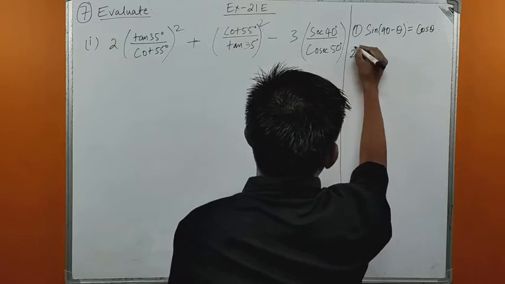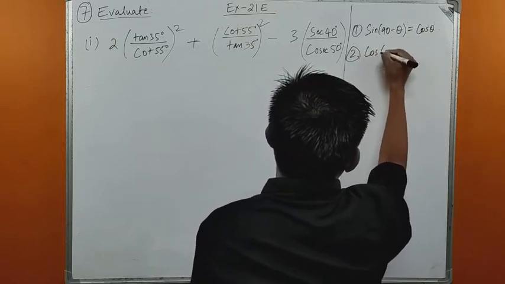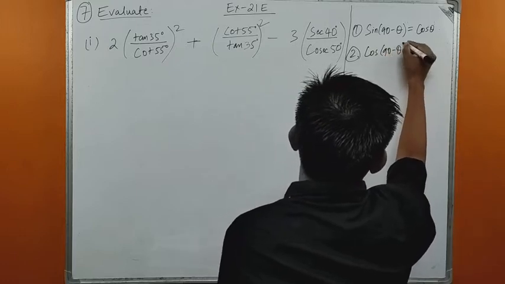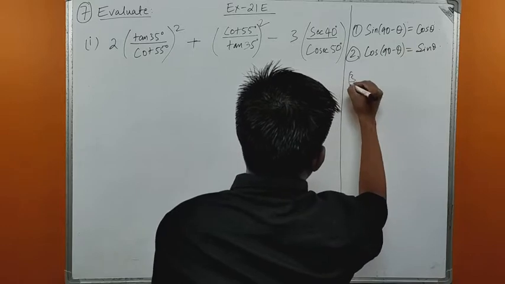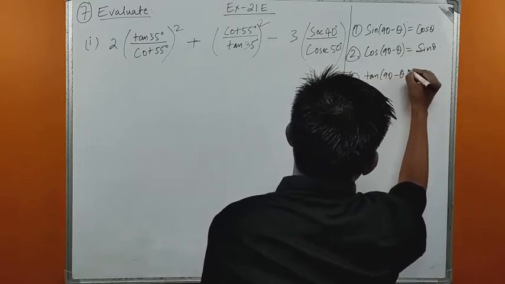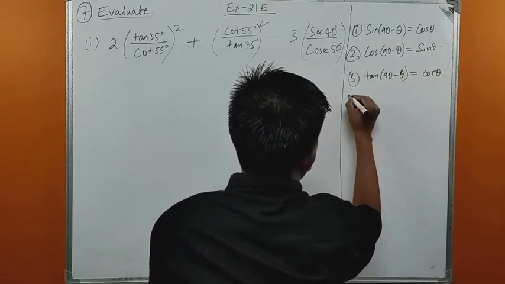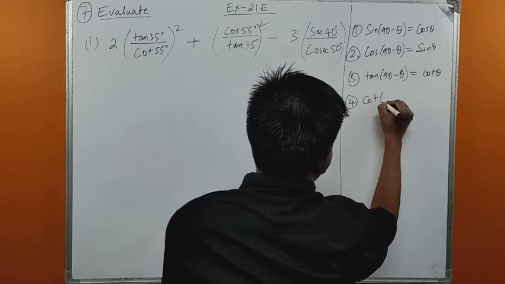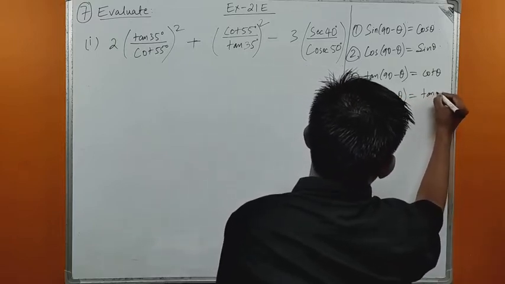Similarly, if sin 90 minus theta is cos theta, then cos 90 minus theta will be equal to sin theta. Number 3, tan 90 minus theta equals cot theta. Then number 4, cot 90 minus theta equals tan theta.